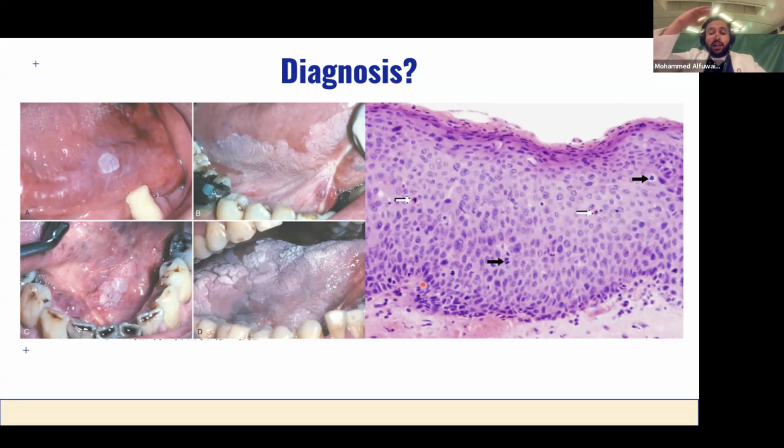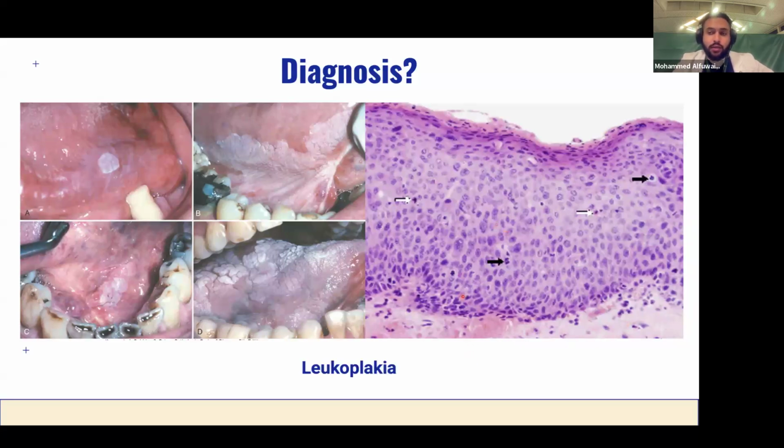Acanthosis, thickening of the entire layer of the skin. Hyperkeratosis, increased thickening of the stratum corneum. And parakeratosis, nuclei inside the stratum corneum. These three features, plus signs of dysplastic features such as abnormal nuclei and increased N:C ratio. This is leukoplakia. This is again precancerous. It does not invade the basement membrane yet, and it's still not fully dysplastic.